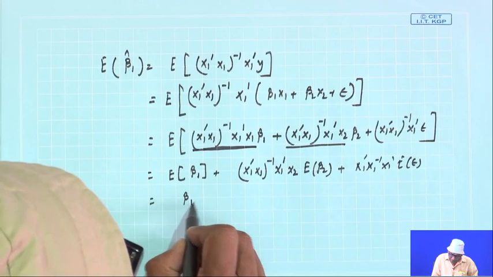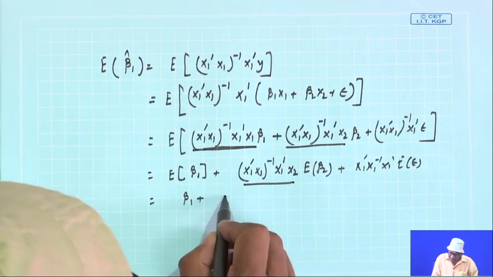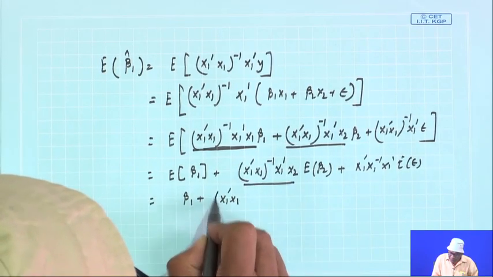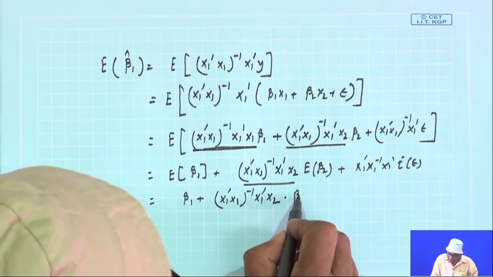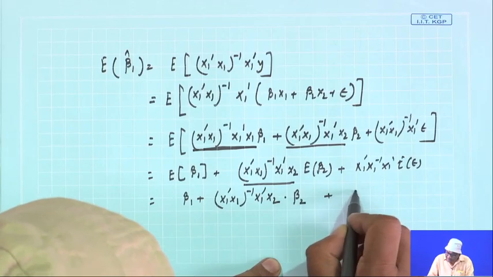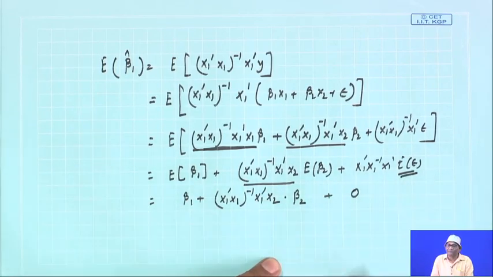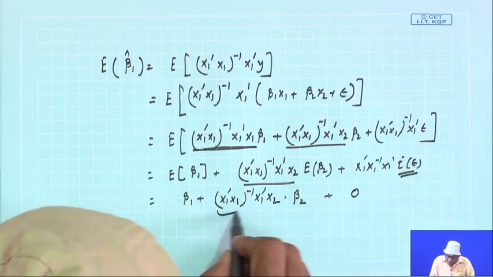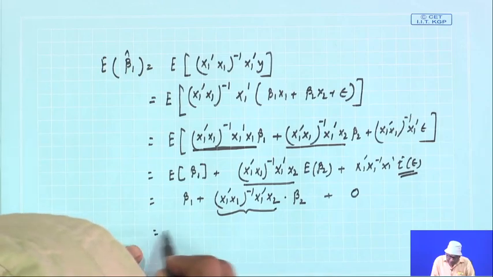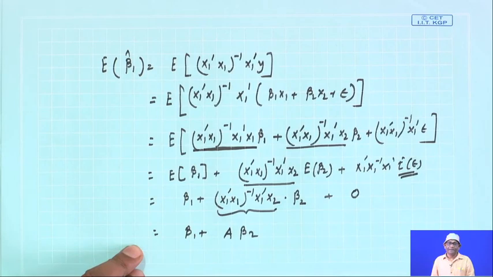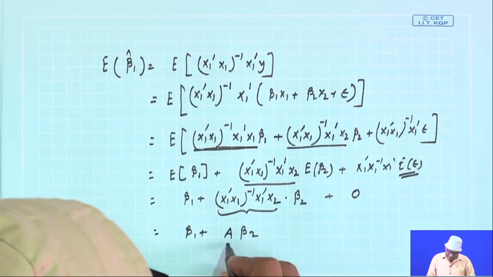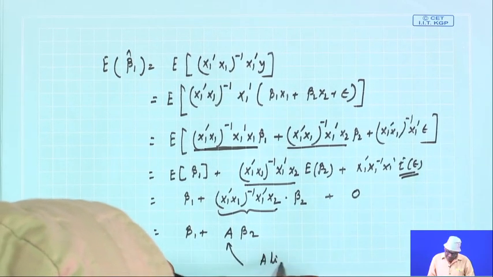This will be beta 1, and this will be (x 1 transpose x 1) inverse x 1 transpose x 2 into beta 2, plus 0, because the expected value is 0. So, this quantity, if we call it A, then this is beta 1 plus A beta 2.